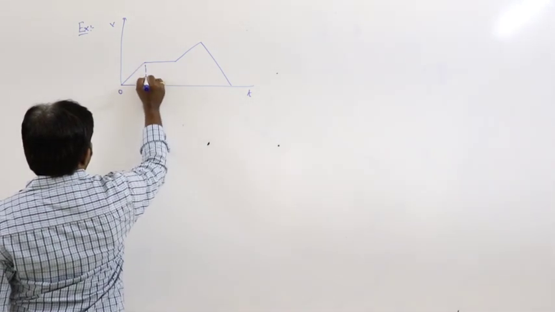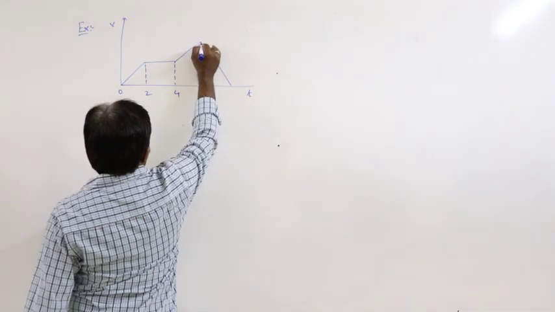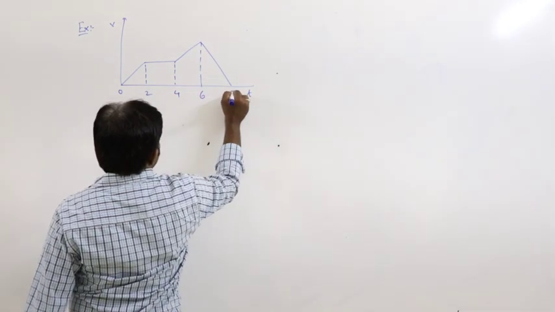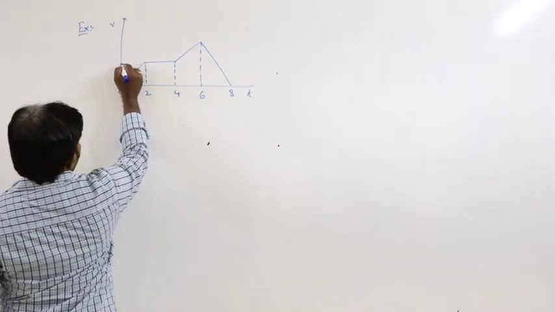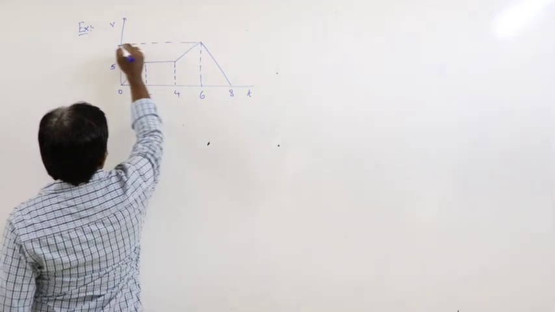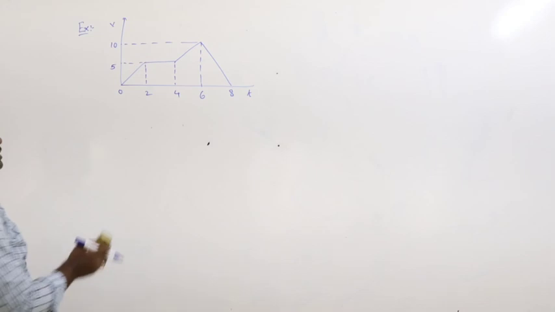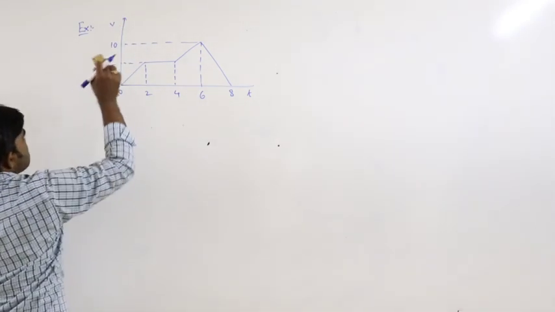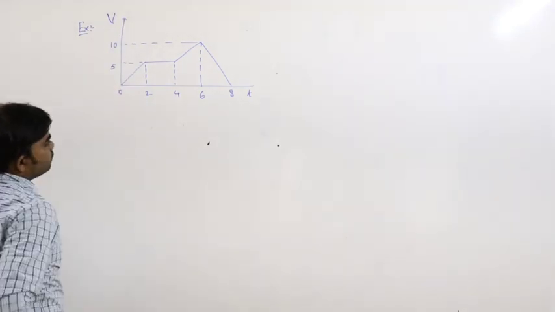The time axis has 0, 2, 4, 6, 8. Let us say the velocity is 5, and it is 10. That is the given. This is a velocity time graph.